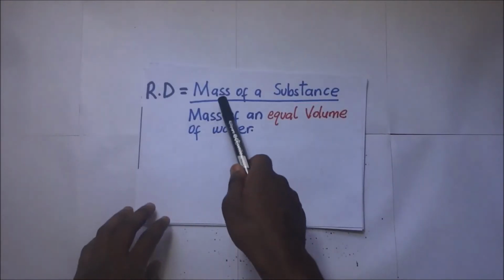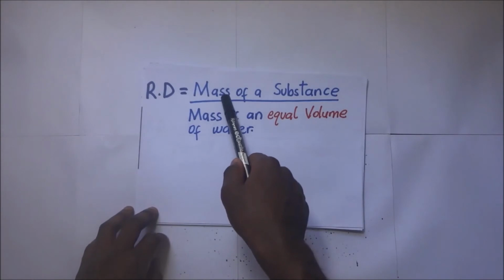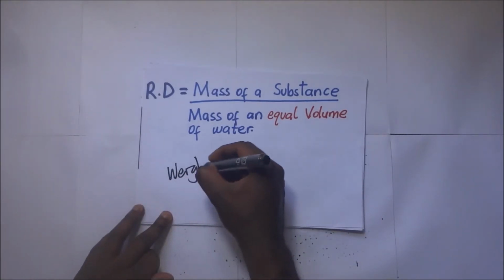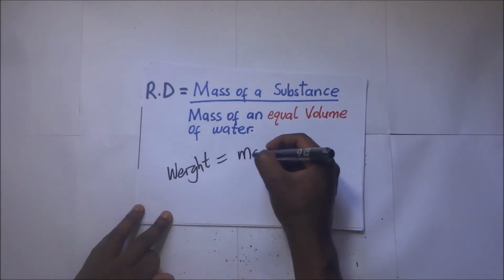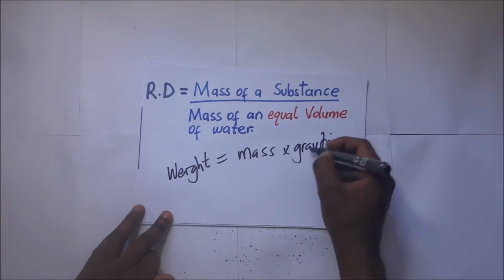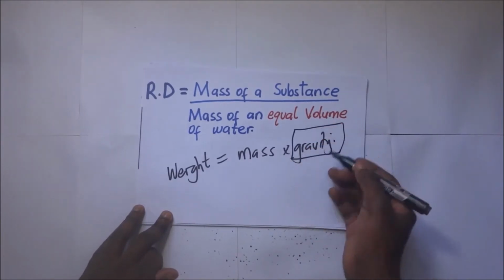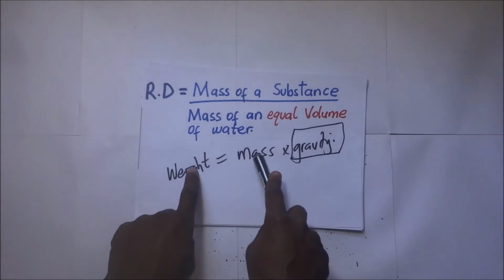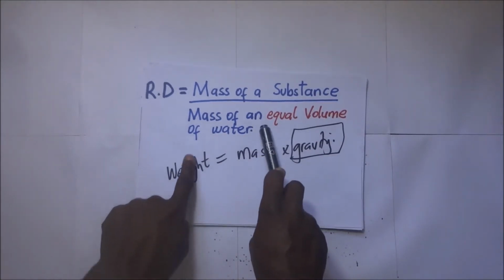Now we also know that mass is directly proportional to weight. I mean, we all know that weight is given by mass times gravity. Gravity is a constant term, so it means that weight and mass are directly proportional. The higher the mass, the higher the weight.